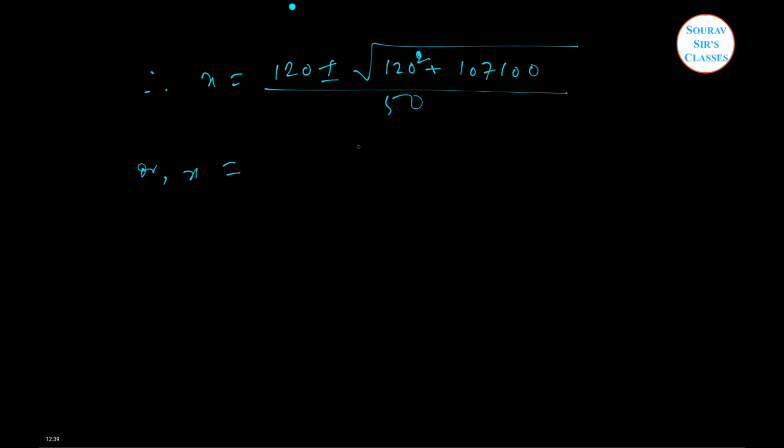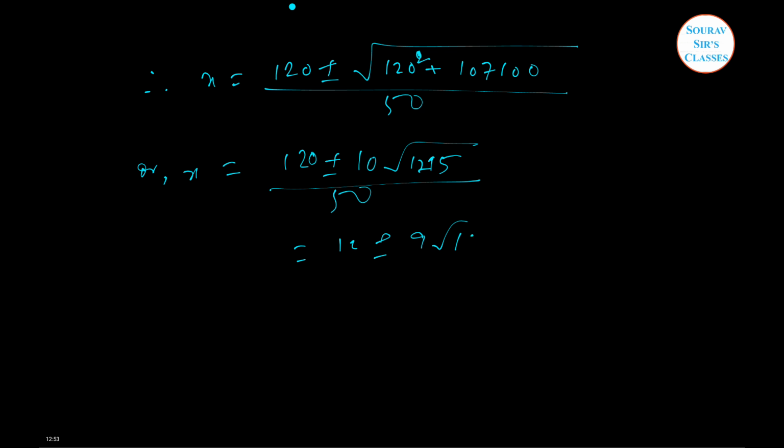Or x equal to, we can take 10 common, so 12 plus minus 10 root 1215 by 50, 15 by 5, proved. Hence the distance is this. Okay. Now we can proceed to the next question, that is question number 3.